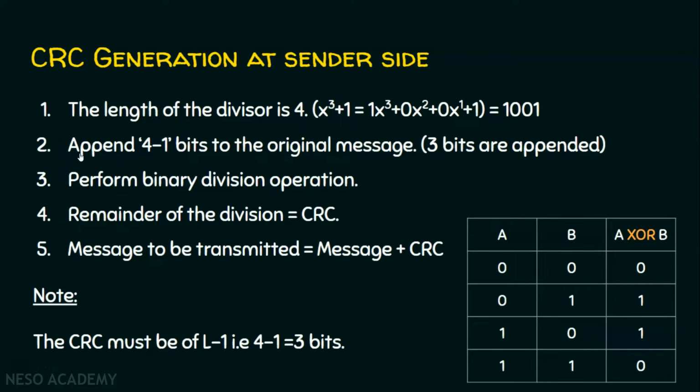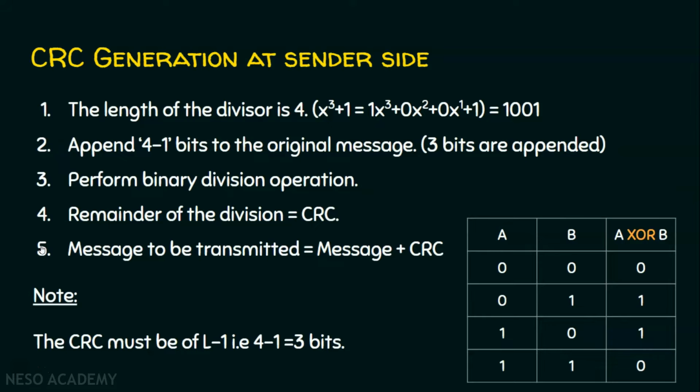And step number 2, we will be appending 4 minus 1 bits to the original message. That is, 3 bits are going to be appended before performing the binary division operation. Once the binary division operation is carried out, we will obviously get the remainder. So the remainder is the CRC.